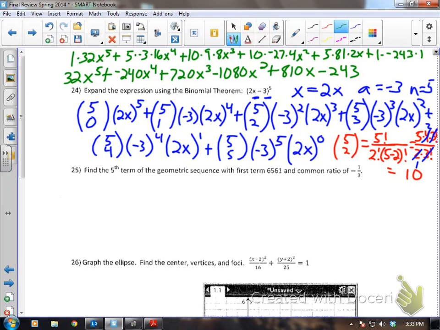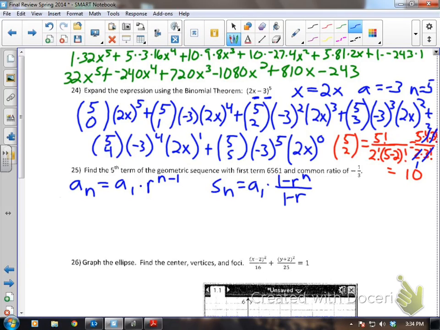Okay, so now let's look at number 25. Find the 5th term of the geometric sequence with the first term equal to 6,561 and a common ratio of negative 1/3. Okay, so now you're going to use the next two equations for your sequences, which is a sub n equals a sub 1 times r to the n minus 1 power, where r does not equal 0, and then S sub n is equal to a sub 1 times 1 minus r to the nth power over 1 minus r.